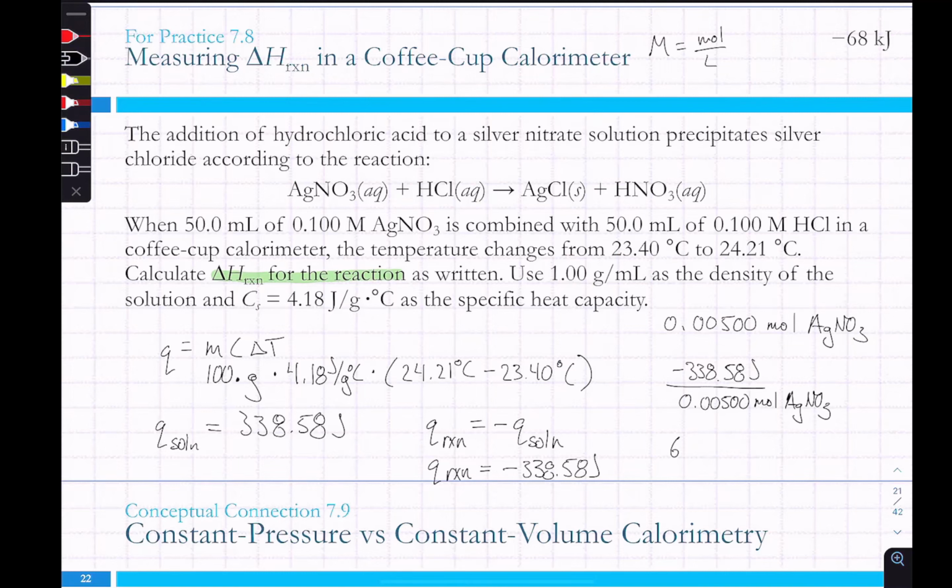And that's 67,716 joules, which is the same as 68 kilojoules, once we round for the correct sig figs.